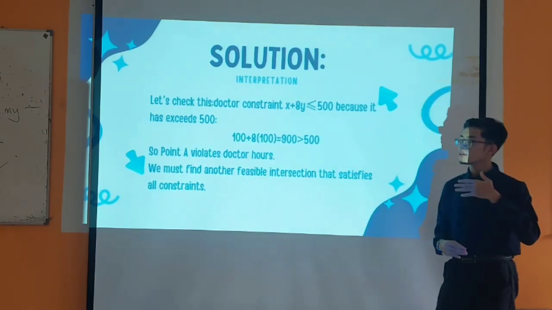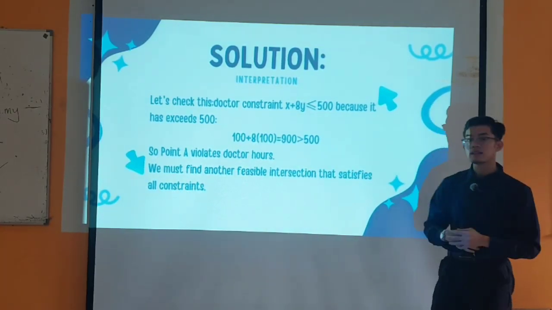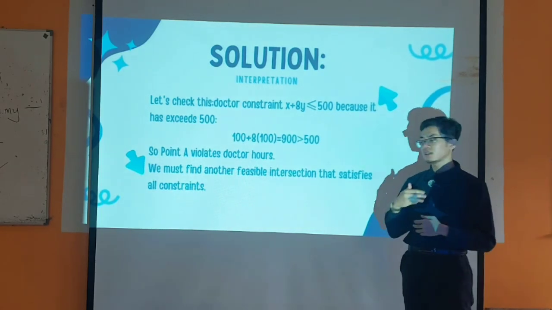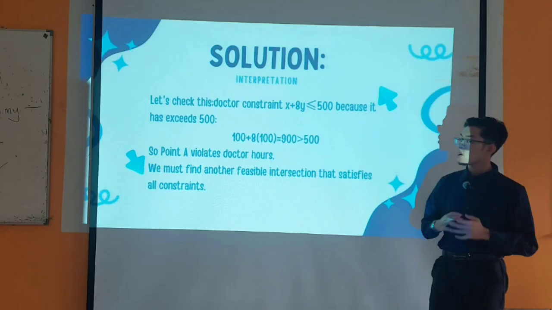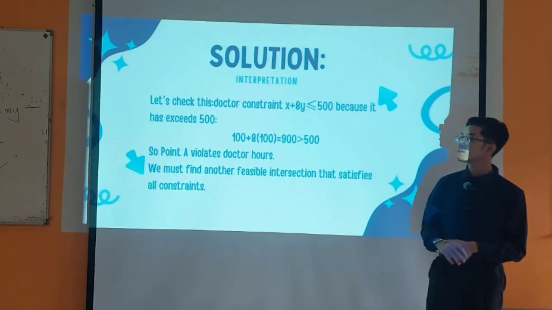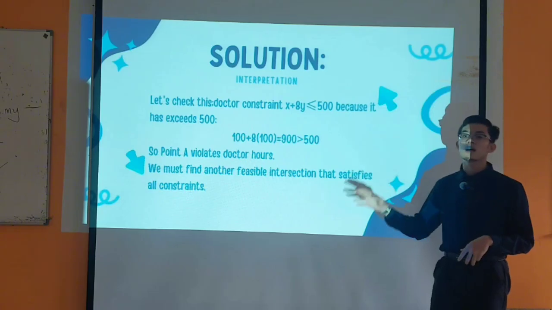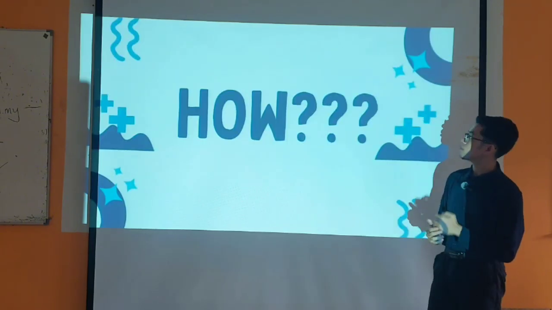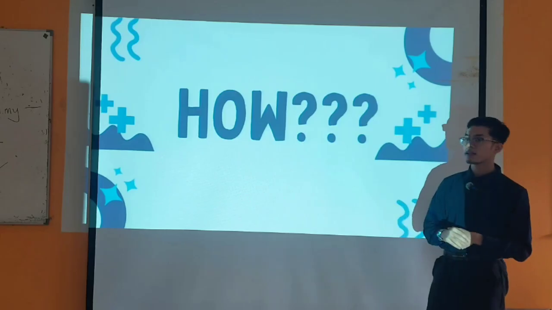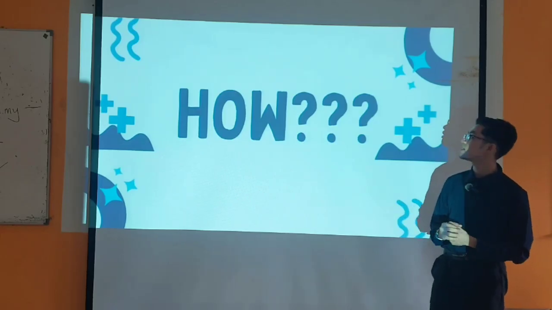So we will need to find another feasible intersection that satisfies all the constraints, including the policy and the doctor hours. So next slide. How? Okay, let me show you. Okay, next.